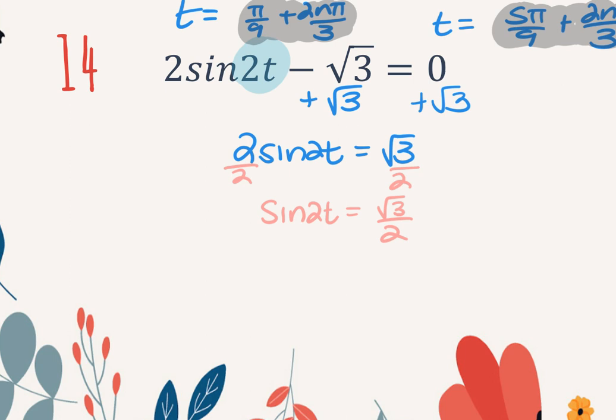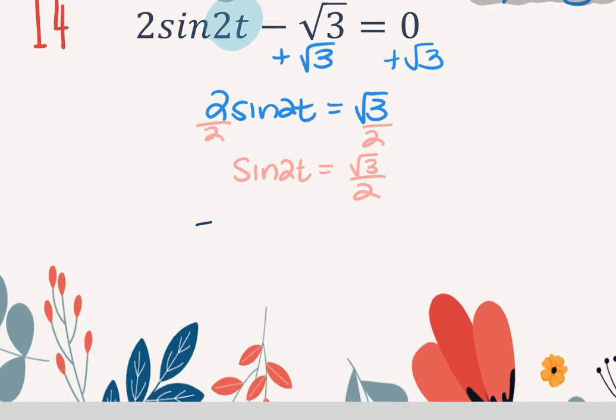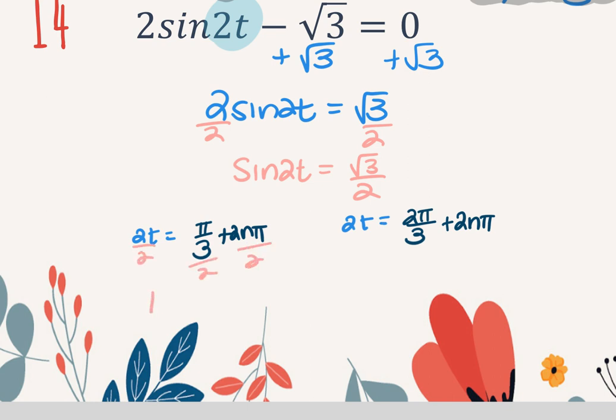Now I go to my unit circle and find everywhere sine, which is the y, is root 3 over 2, which is where? Pi over 3 and 2 pi over 3, plus 2n pi. And again, if it was just t, that would be my answer, but it's not. It is 2t equals that. So I'd have to divide everything by 2 or multiply by 1/2.